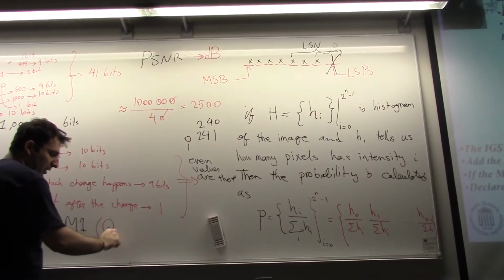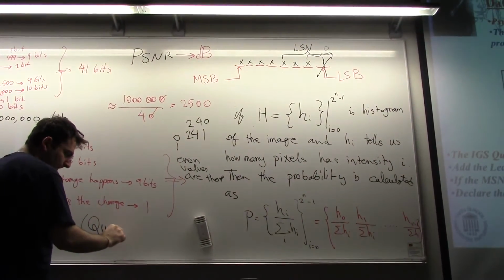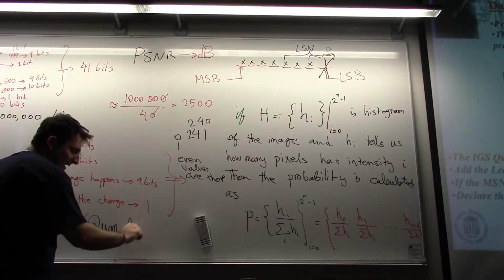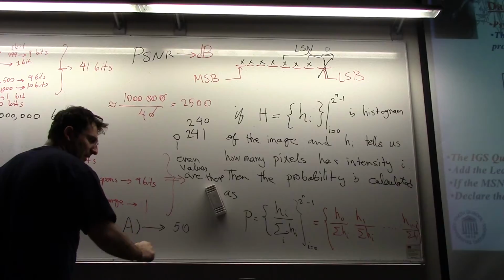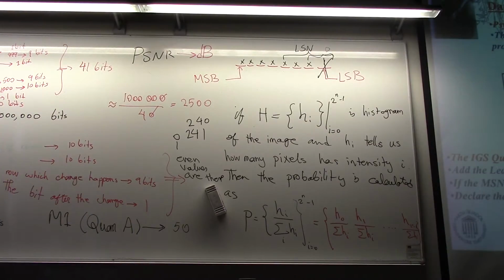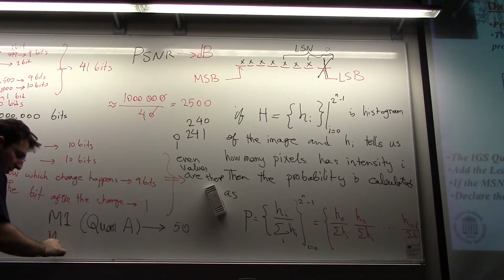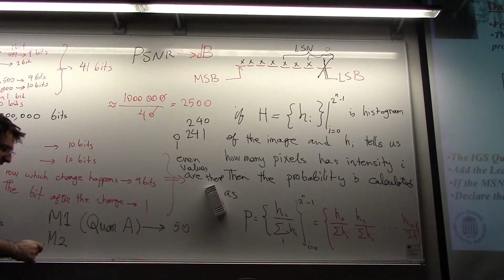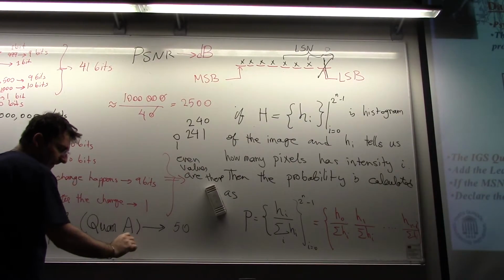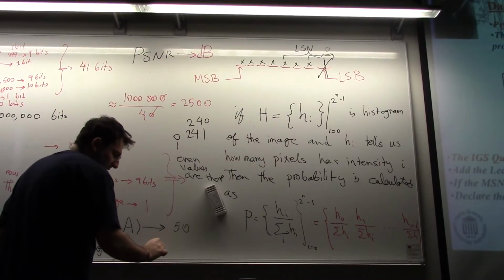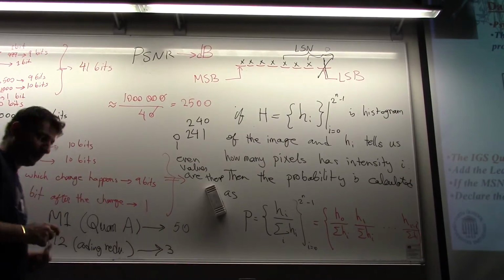which uses quantization technique A, and it gives you a compression ratio of 50. And there exists a method 2 which is using, let's say, interpixel or some other technique, let's say coding redundancy, and it has a compression ratio of 3.